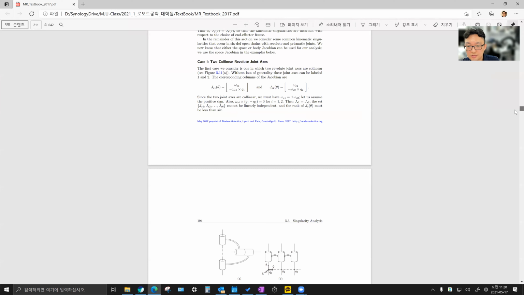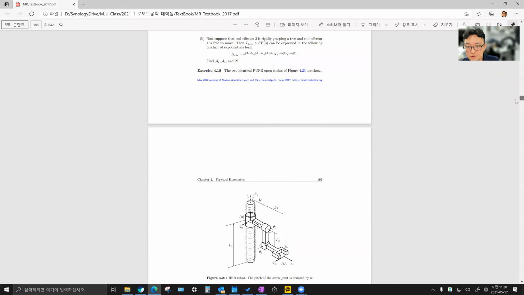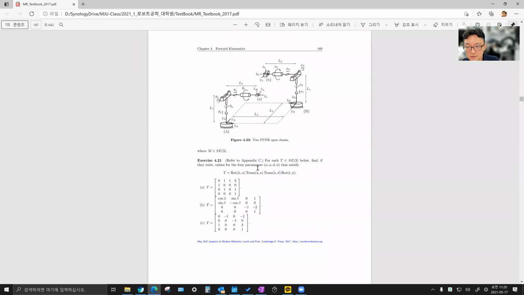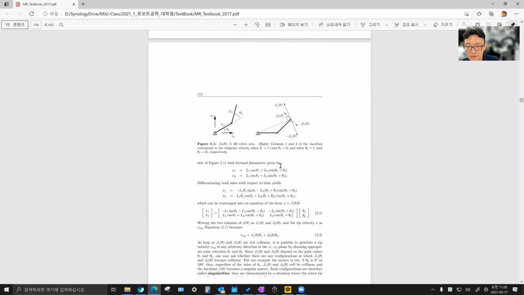Chapter 4 is about forward kinematics, and this is an important part.